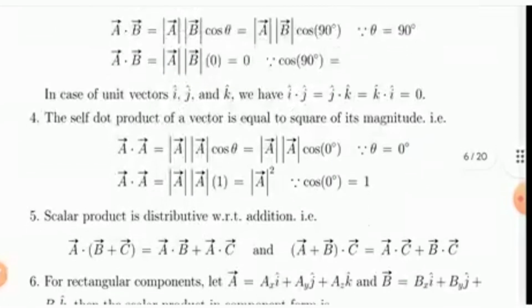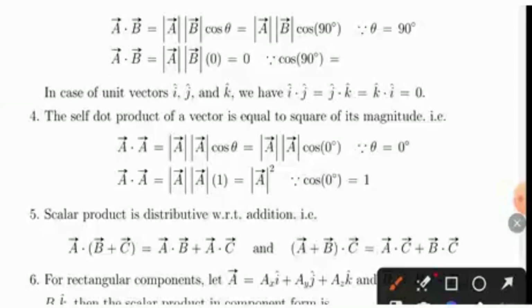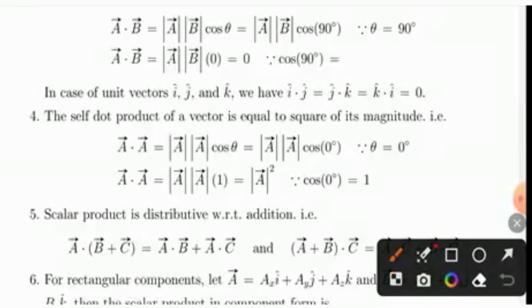And the fourth property is the self dot product. When vector A is multiplied with itself, what will be its resultant? Here you see that when vector A is dotted with vector A again, we can replace it with the magnitude of vector A, again the magnitude of vector A, and cos theta.